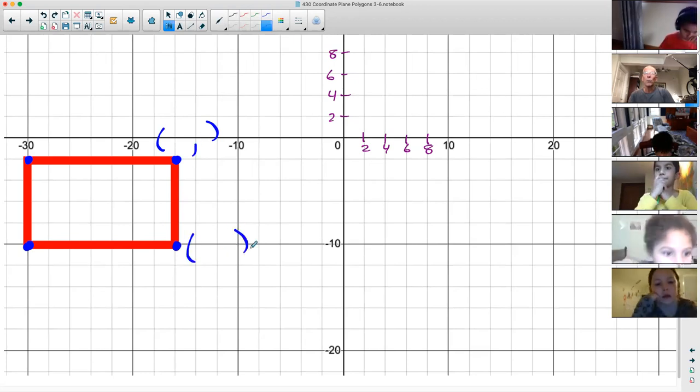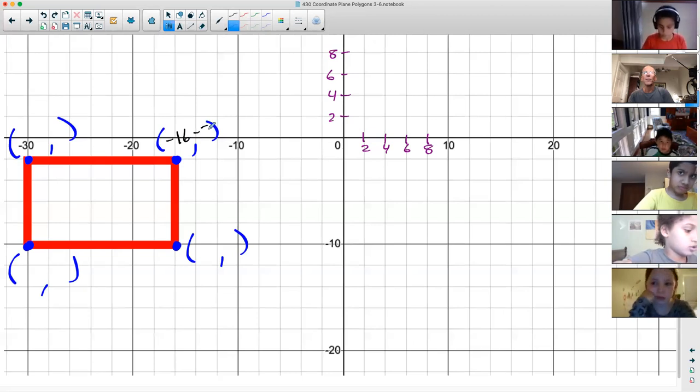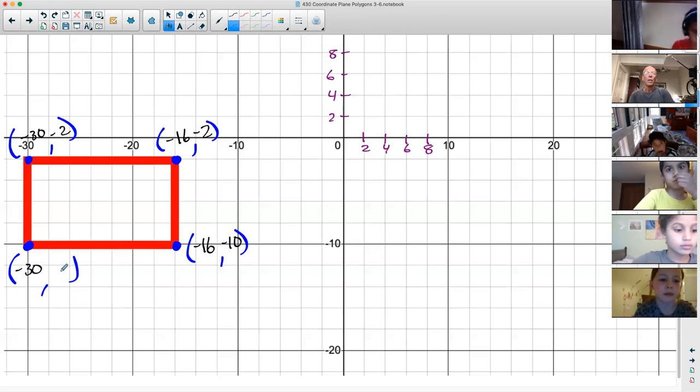I want you to draw yours independently. So my points are -16, -2, -16, -10, -30, -2, and -30, -10.